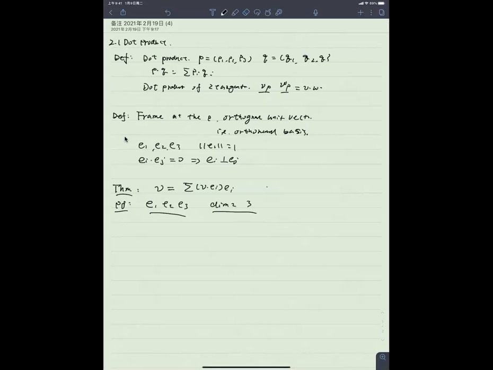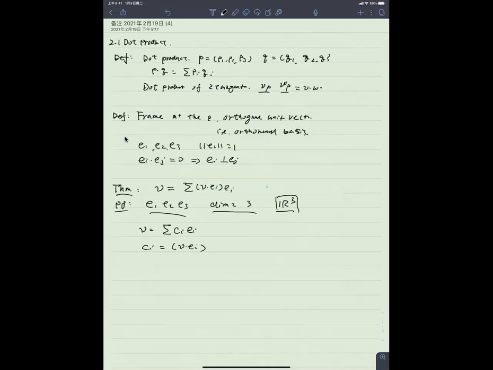So this is isomorphic to R3. It basically means any vector in R3 we can express using E1, E2, E3, so there must be some linear combination. The rest is to prove that the coefficient equals the dot product of V and Ei.